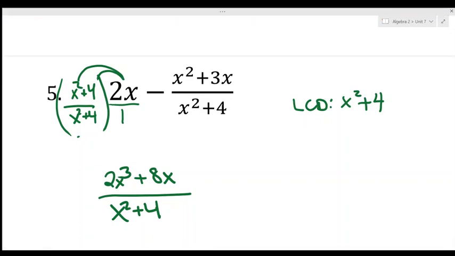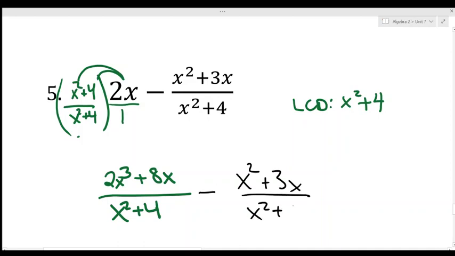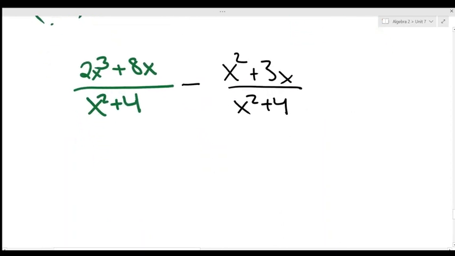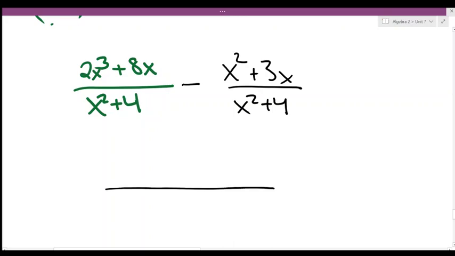Then we have our minus sign. Then we have x squared plus 3x over x squared plus 4. This didn't change. Our denominators are the same, so now we can subtract the numerator of the front minus the numerator of the back. So we get, let's write this as a singular fraction now because our denominators are the same. So we have x squared plus 4.